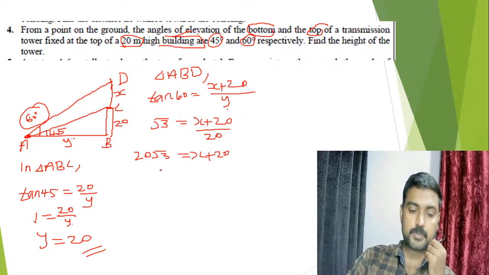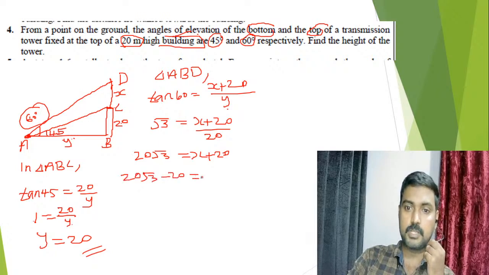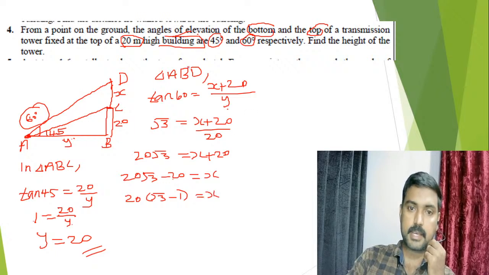This 20 transposes to the left side, we get 20 root 3 minus 20 is equal to x. So 20 is common, so we can write 20 times root 3 minus 1 is equal to x. What is x? x is the height of the tower. Therefore, the height of the tower we can write 20 into root 3 minus 1, which will be in bracket.